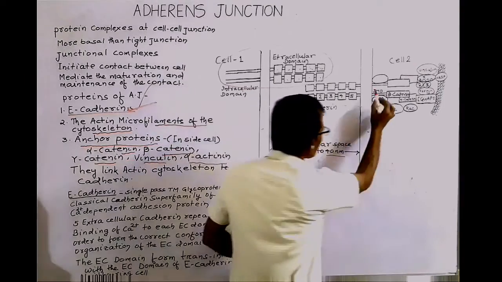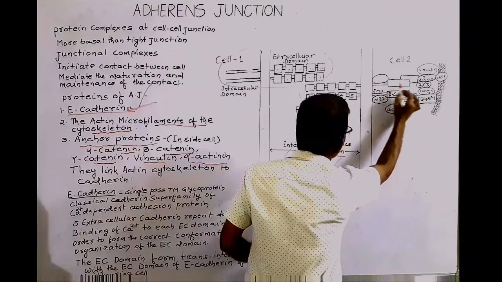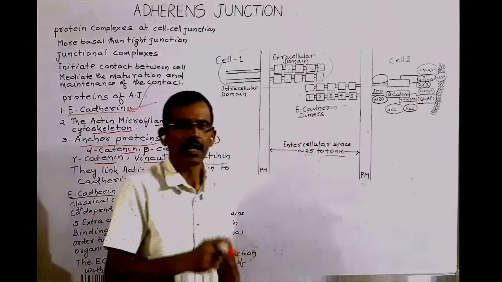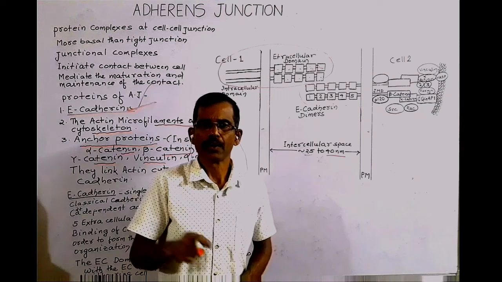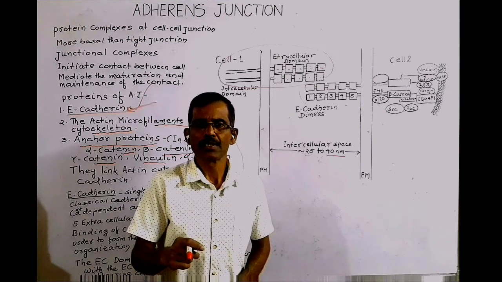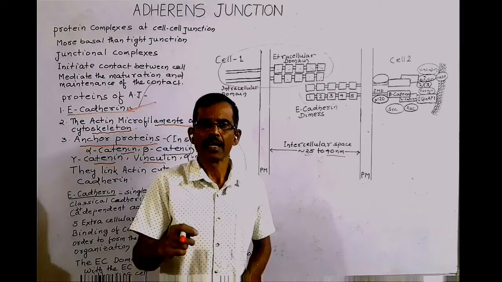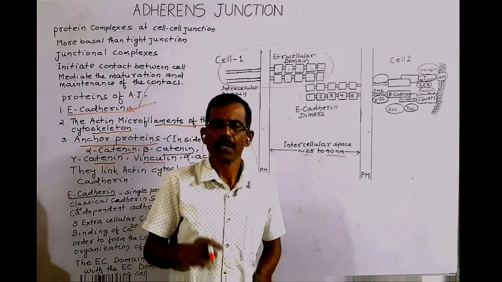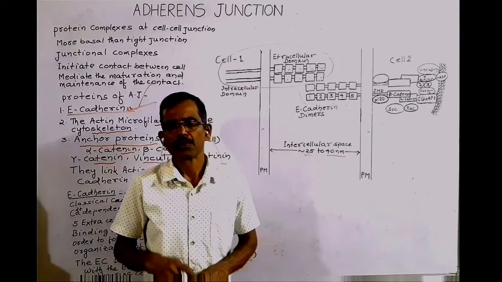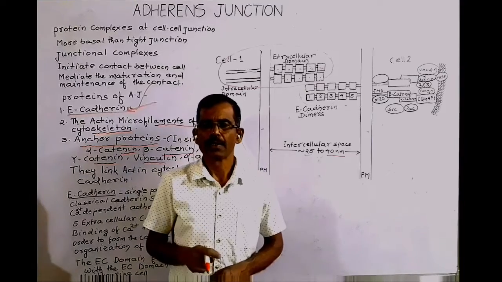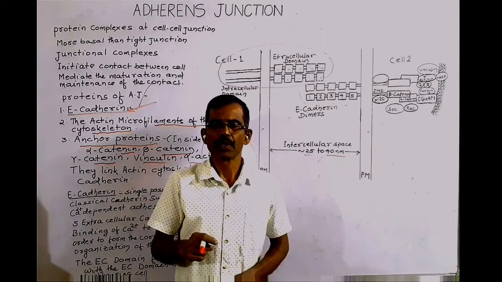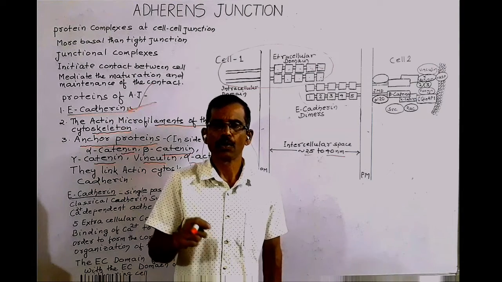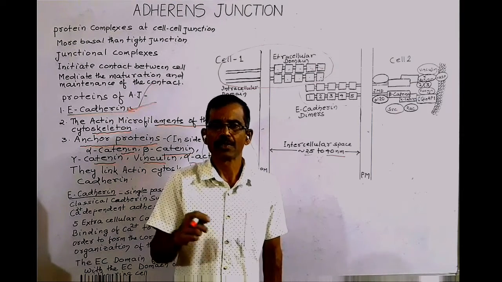The cytoplasmic domain of E-cadherin binds with various proteins that regulate endocytosis, recycling and degradation of E-cadherin. These proteins also regulate intracellular signaling, gene transcription and local control of actin cytoskeleton.